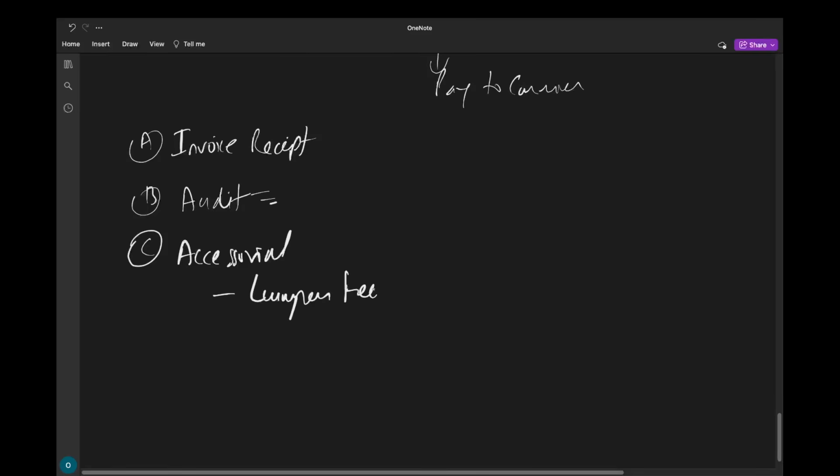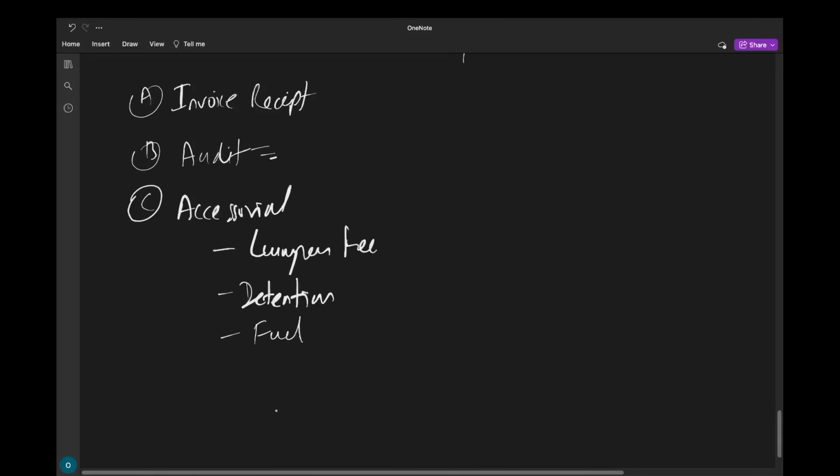There can be a fuel surcharge or lift gate service. So this kind of thing comes under accessorial.